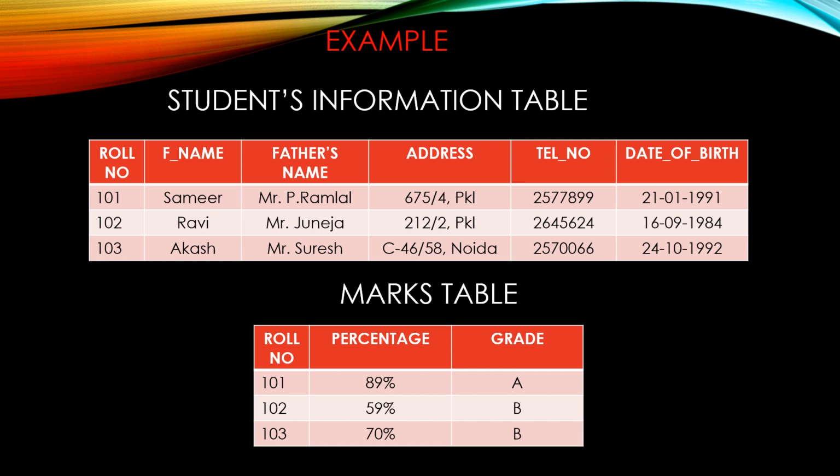You can see roll number is present in both the tables. So with the help of these two tables, we can fetch the details combining the data from these two tables with the help of queries. How can you do that? You can connect the roll number field of the student information table with the roll number field of the marks table. All this we will be learning throughout the chapter, how to connect between two tables.